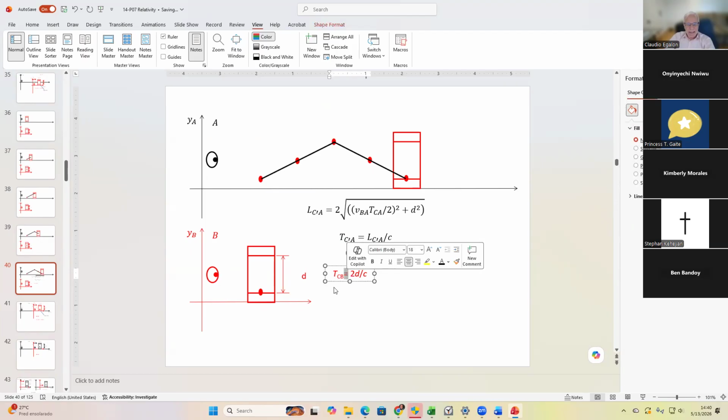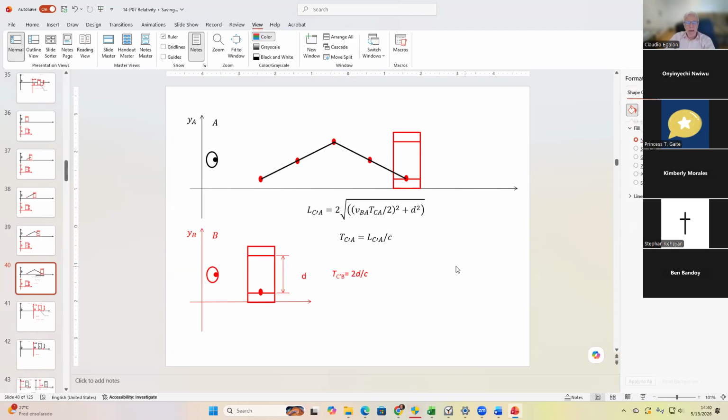Whereas the time that the observer in referential B measures for clock C prime is 2D divided by C. Okay, so we're going to document that.